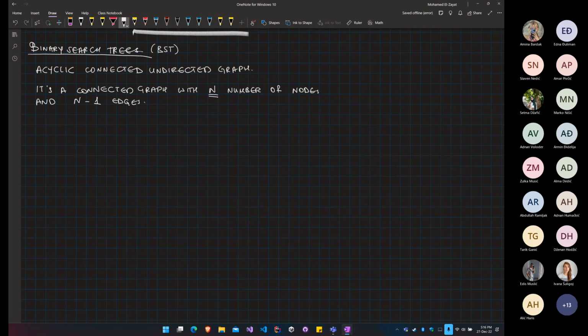So if you have 10 nodes, that means you have 9 edges in that binary search tree.